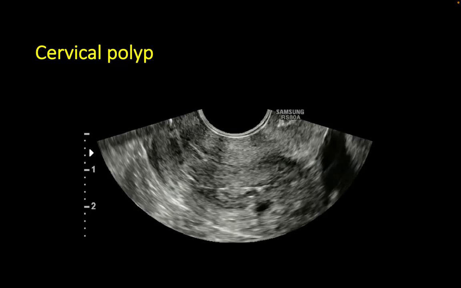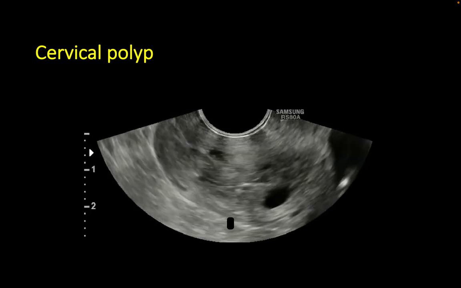And here, the knowledge of the appearance of the normal cervical anatomy helps, because typically what we are looking for in a normal cervix is first a thin echogenic layer of endocervical mucosa, then an outer hypoechoic layer of the fibromuscular stroma, and then the isoechoic band of the glandular stroma. Now, if you look at this video carefully, you see something.